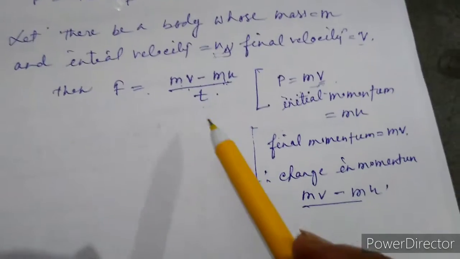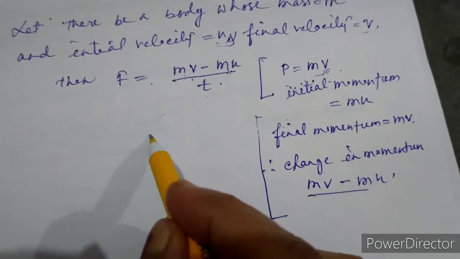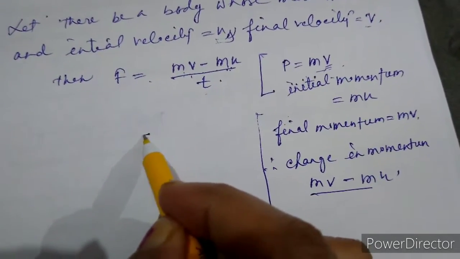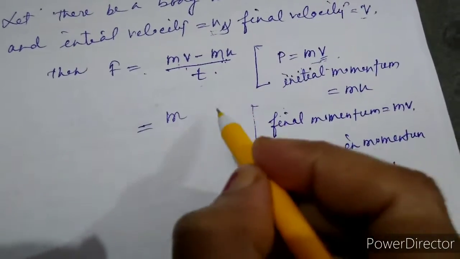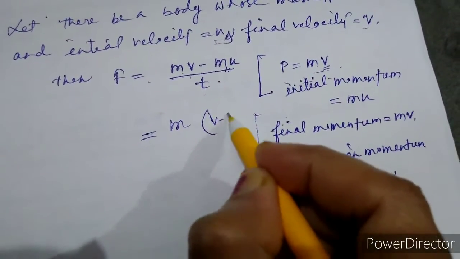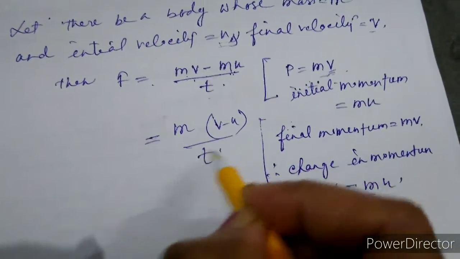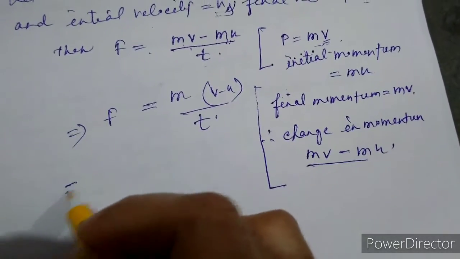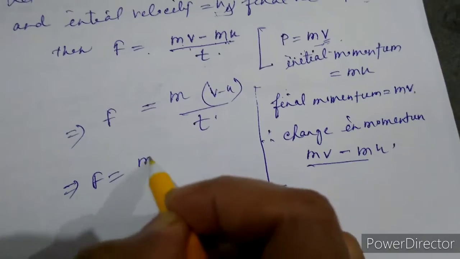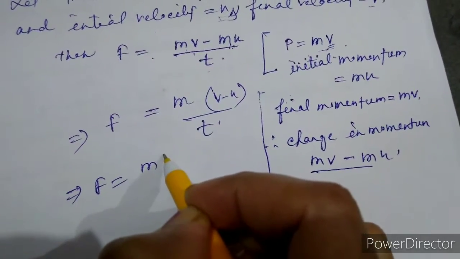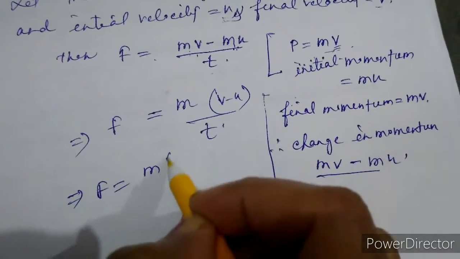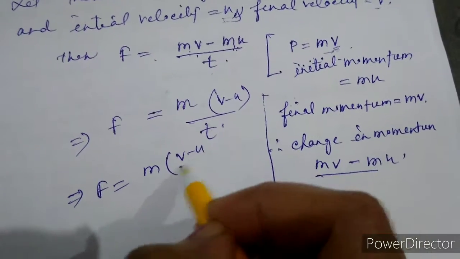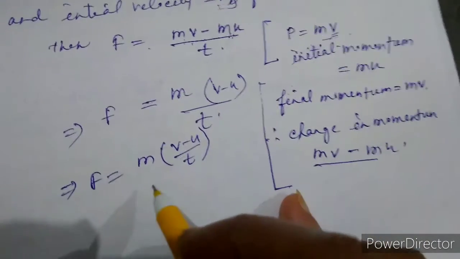Delta p by t. Now from here you can see that if we take m as common, F is equal to m times v minus u divided by t. Now v minus u divided by t, you know what this is?